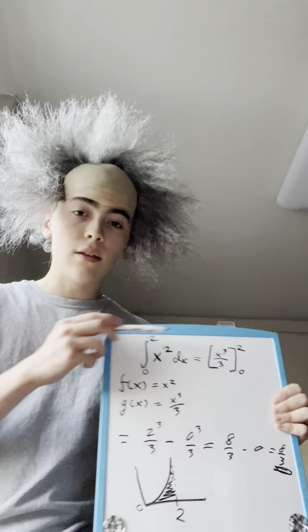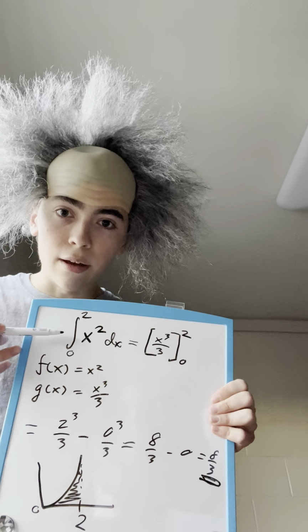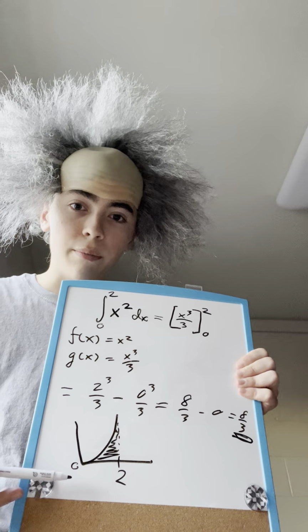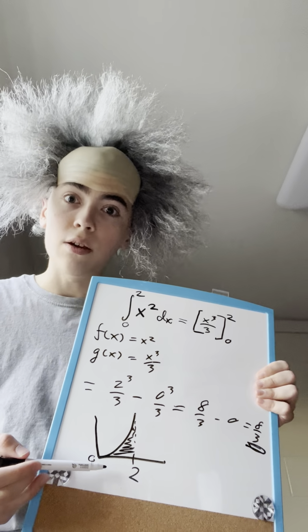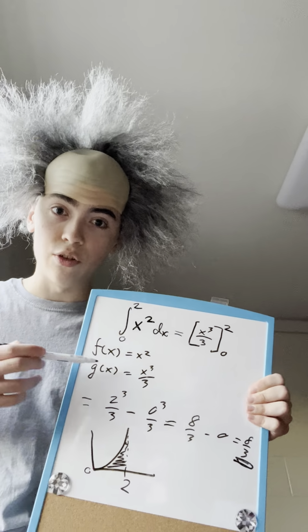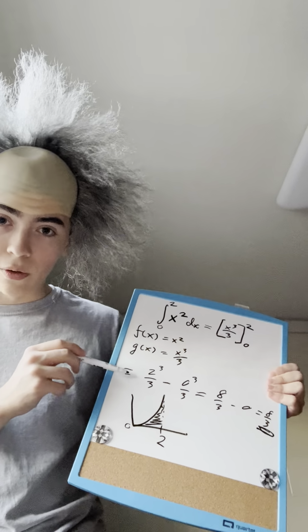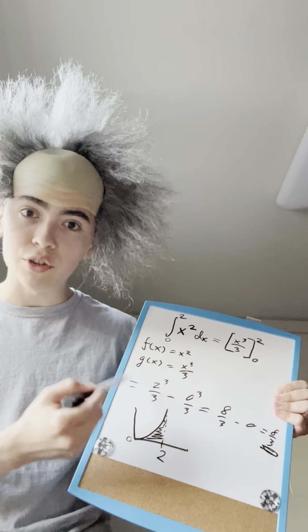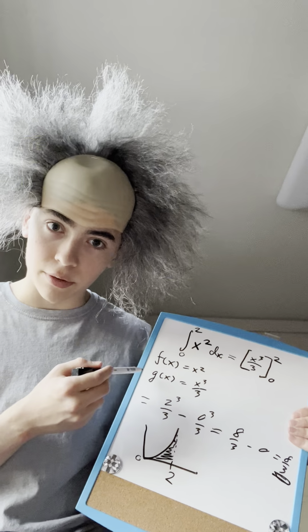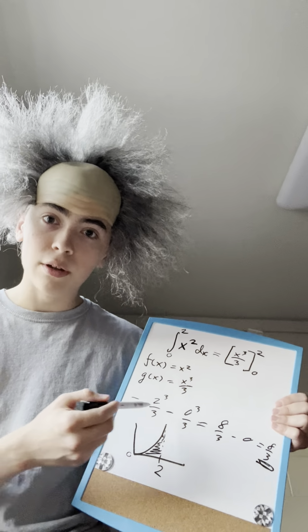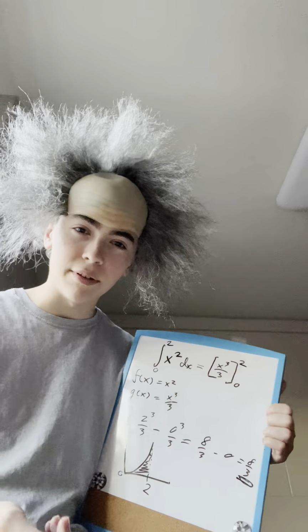What this is saying is the integral, the area of this function bounded by 0 and 2, is equal to the change, the final minus initial, in the function value of the antiderivative from 0 to 2, which I think is a very interesting concept.